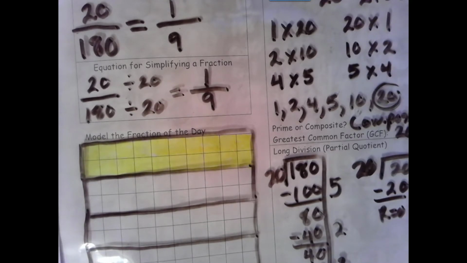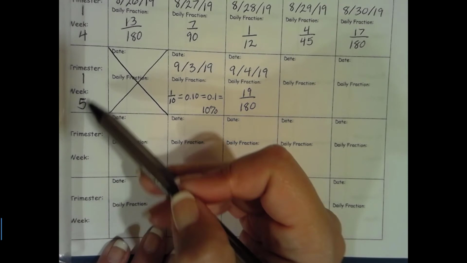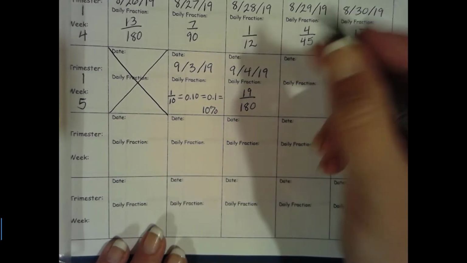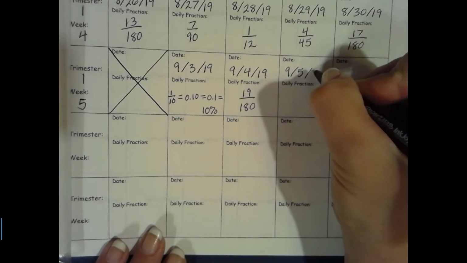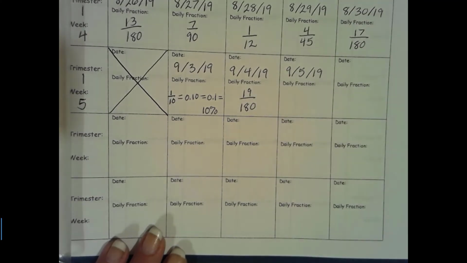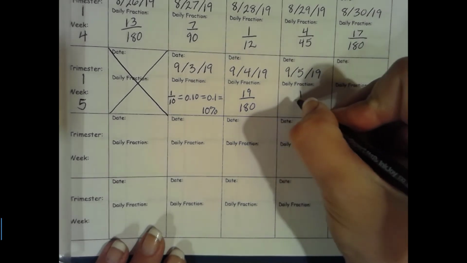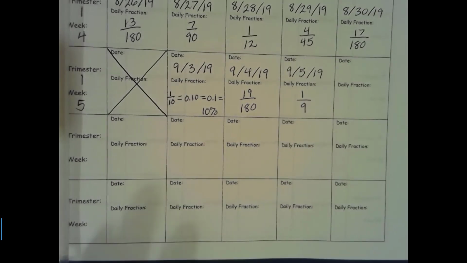Let's go ahead and fill in our data collection page. Okay, trimester 1, week 5. Today is 9/5/19. And our fraction for today is 1/9.